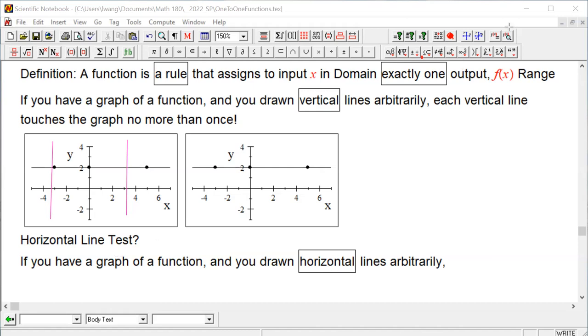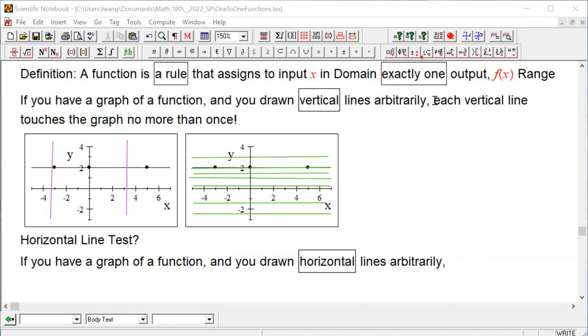For horizontal line test, we're going to draw horizontally, of course. We draw arbitrarily, including this one that overlaps with the function. You can draw any way you want, any density. Draw as many as you want.